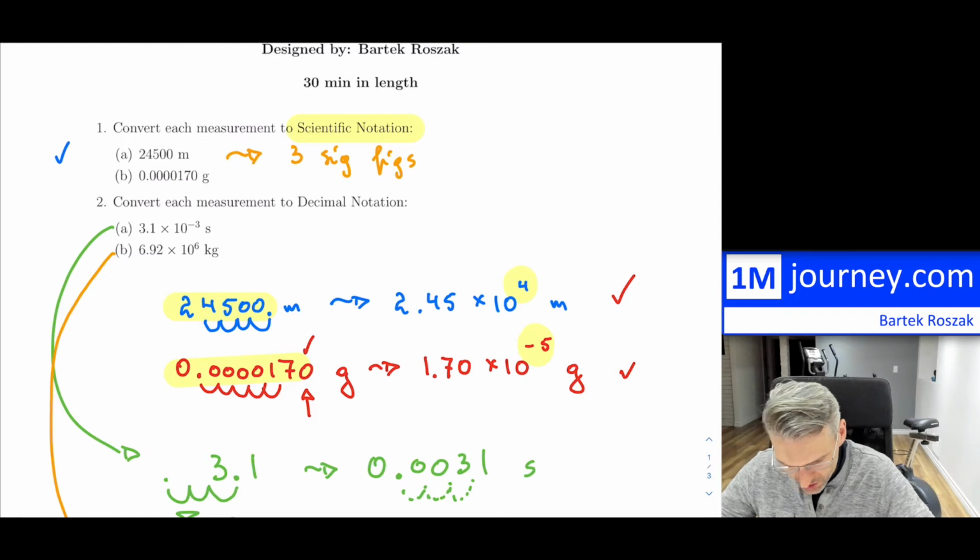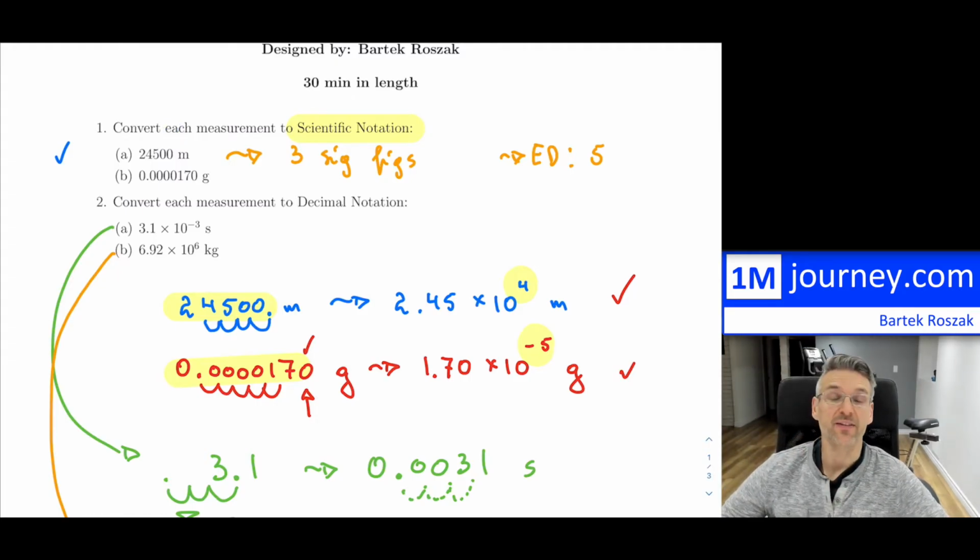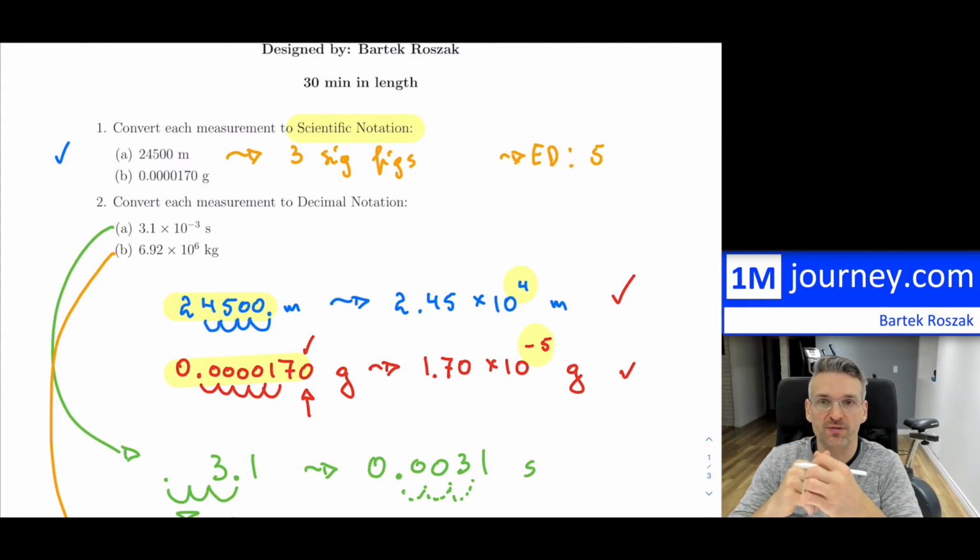The estimated digit, I'll call it ED, would have been 5. Okay, so that's 5. And that's this one. The reason for that is because these zeros do not count as significant. And again, you would have to know what significant figures are. Okay, and you can look at that video if you've forgotten about that.